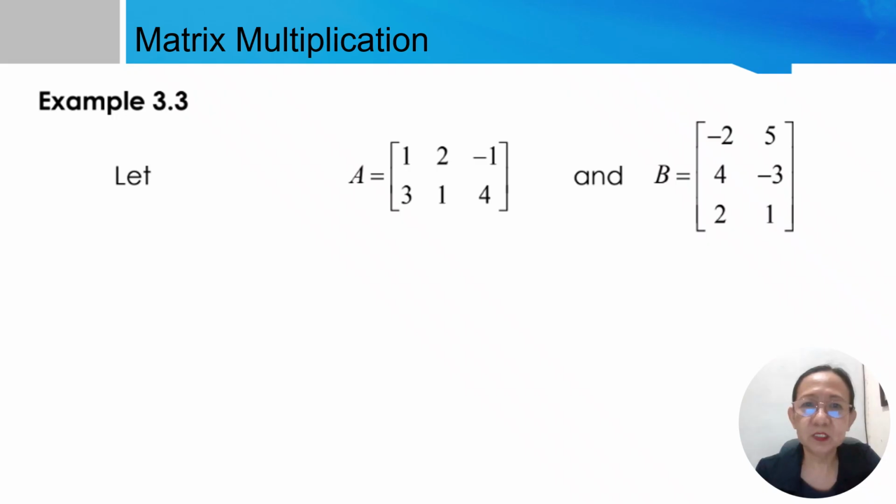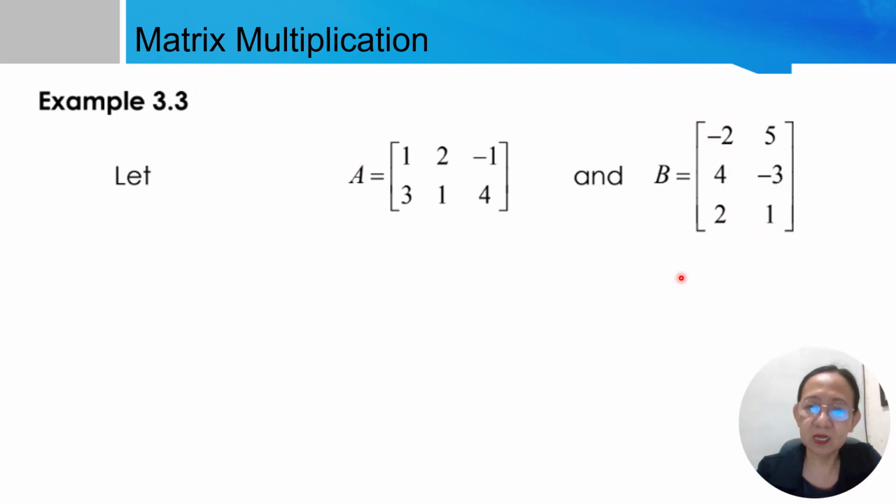For example 3.3, let matrix A have the entries 1, 2, negative 1 in the first row, and 3, 1, 4 for the second row. We have now a matrix B, with the first row negative 2, 5, the second row 4, 3, and the third row 2, 1.